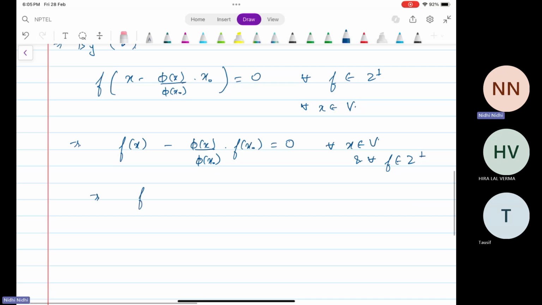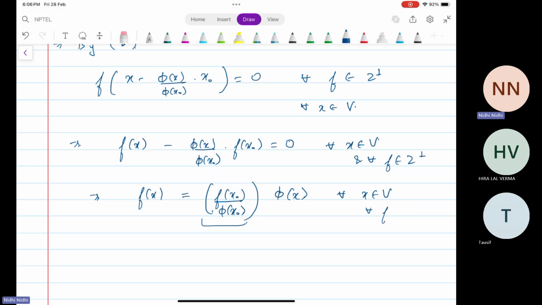That means f of x is equal to f of x naught by phi of x naught times phi x. Now, since x naught was a fixed element in V, this is just a constant times phi x for every x in V, for every f in Z perp.